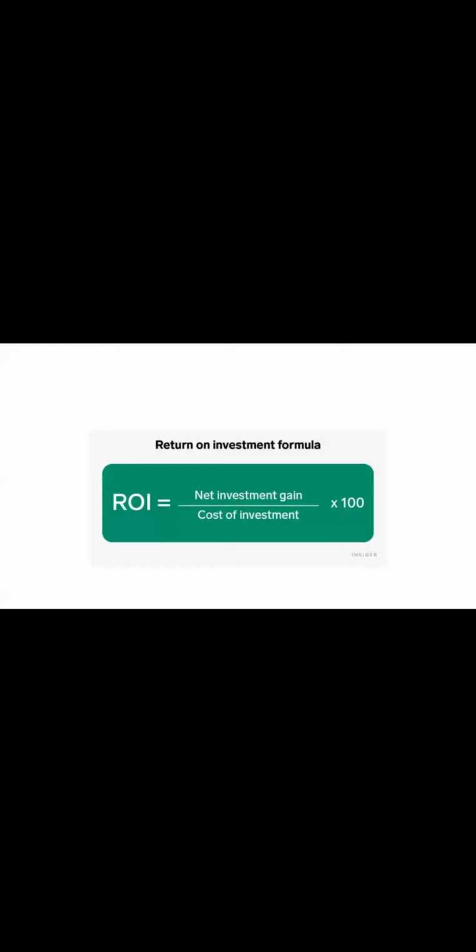Simple example: some of you have spent 10,000, some of you have spent 30,000, some of you have spent 1 lakh, 45,000 on NHCA courses. Okay. I'm just giving you a simple example. Just recently, one girl received her certificate 2 days back. Okay.